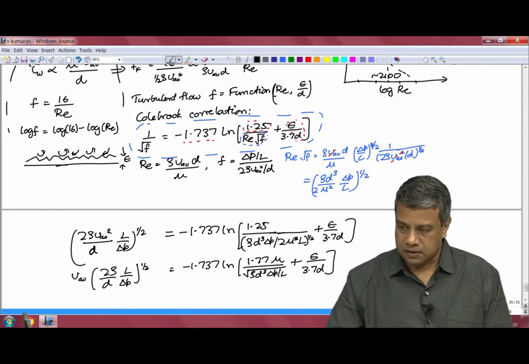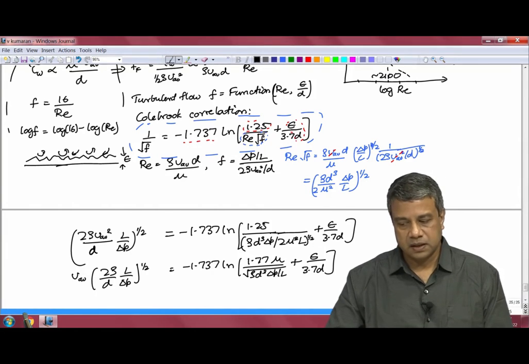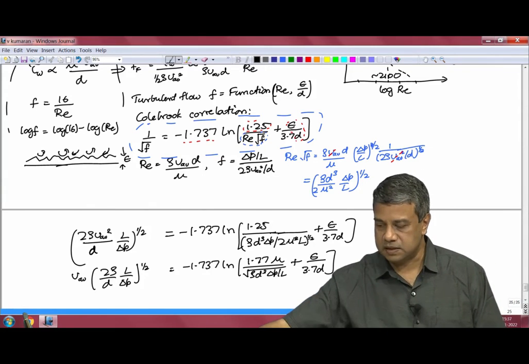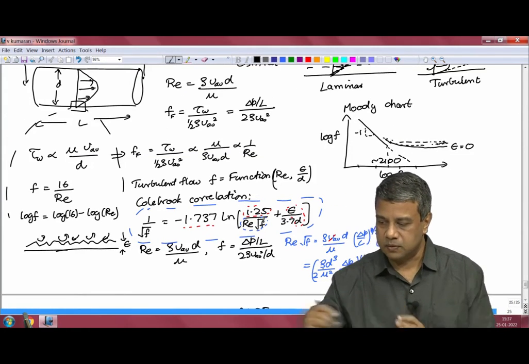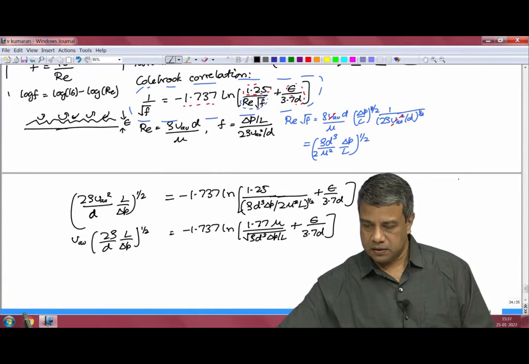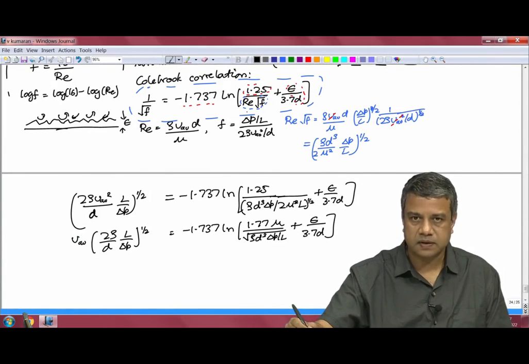And on that basis, you can calculate the pressure drop as a function of velocity and then calculate the friction factor, and that friction factor is what is plotted in these kinds of diagrams called the Moody diagram. And also note that the second term on the right here goes as 1 over the Reynolds number.